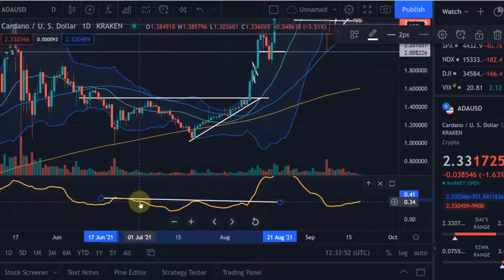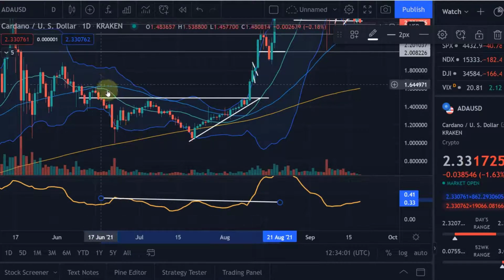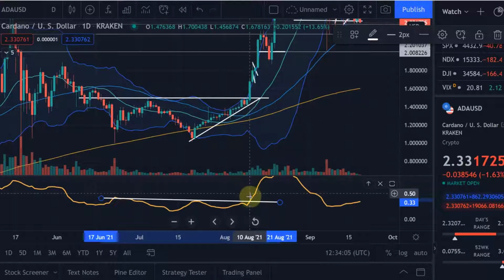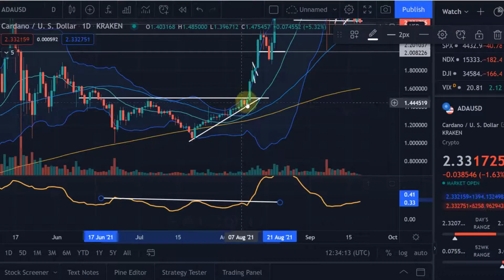And again, for a long period of time, it wasn't really moving a lot. It was a very low reading on the width indicator. You can see that here, even a slow downtrend. However, at the point when the indicator actually crossed above the resistance line, that is when a very, very strong breakout took place.